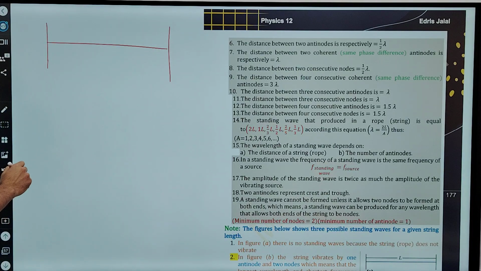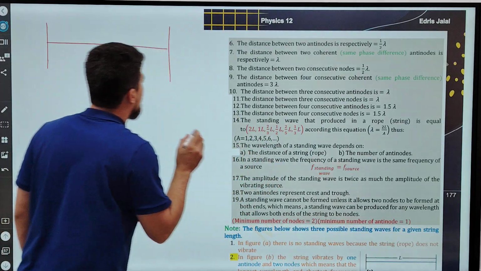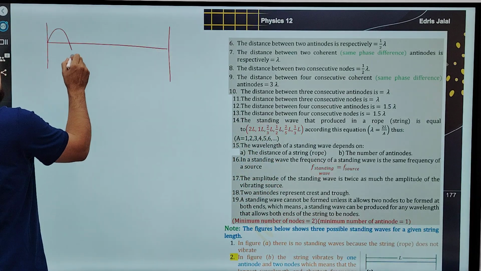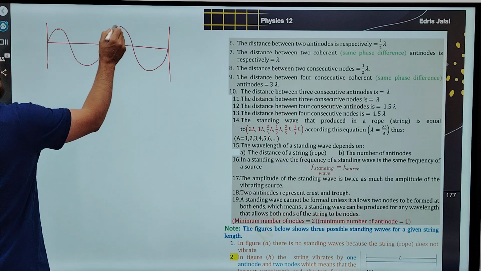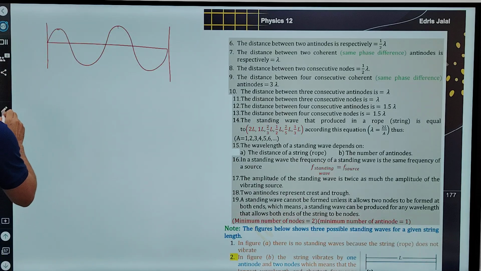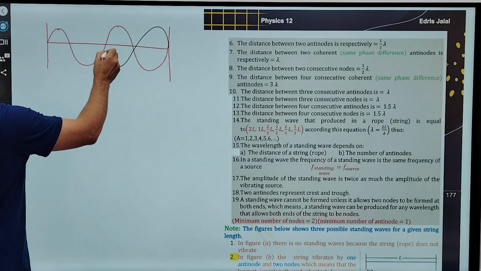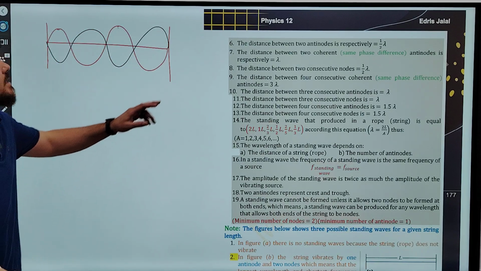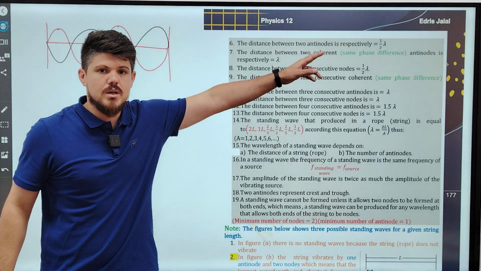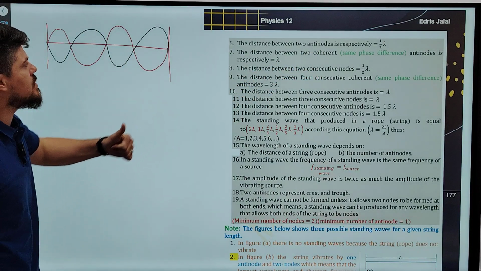When we say the distance between two coherent antinodes, or same phase difference antinodes, it means that these two antinodes have the same phase difference, okay? So it's going to be reflected like that.